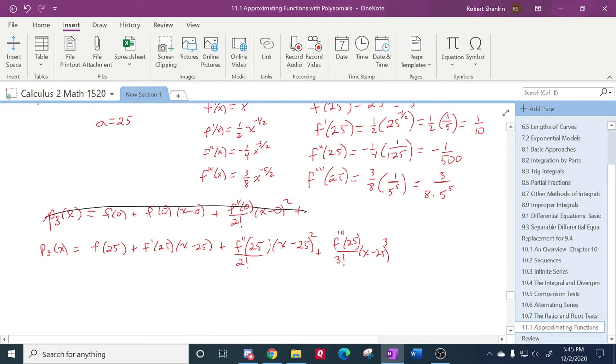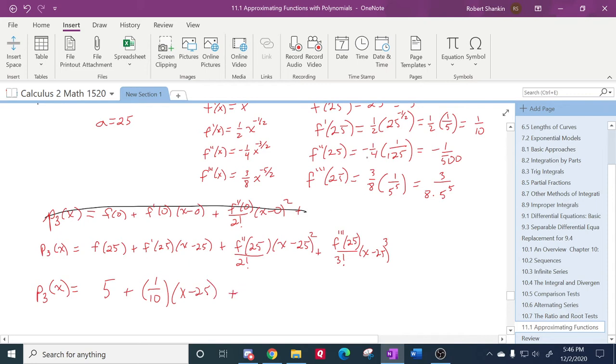Alright, so then, what we're getting is, if we plugged all these things in, p3 of x would be f of 25, we said that's 5, plus f prime of 25, which is 1/10, times x minus 25.